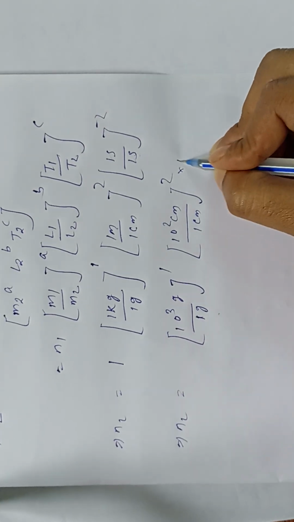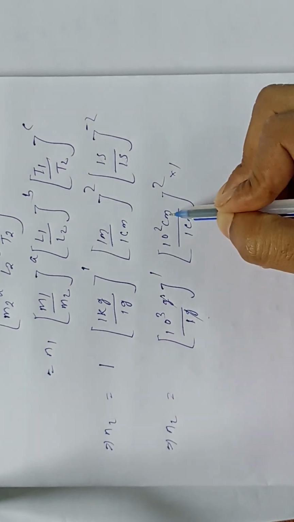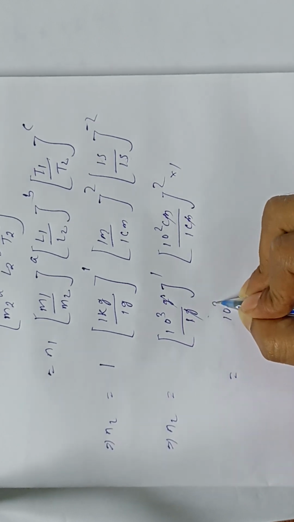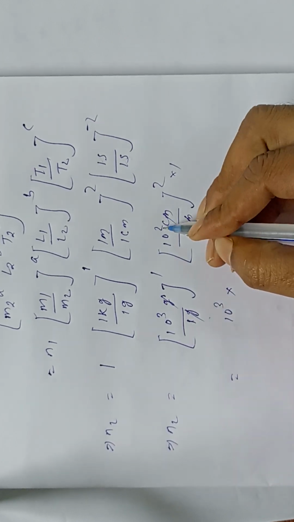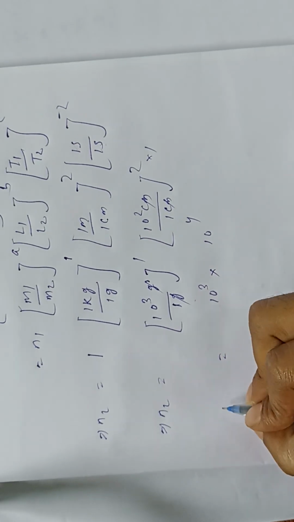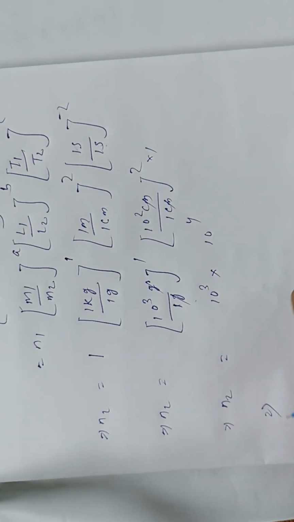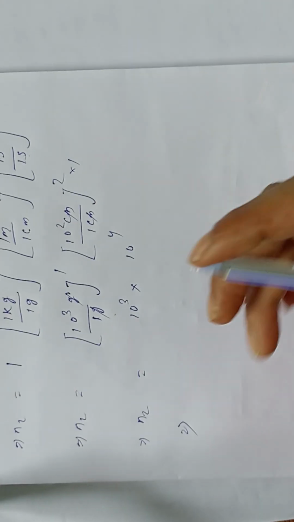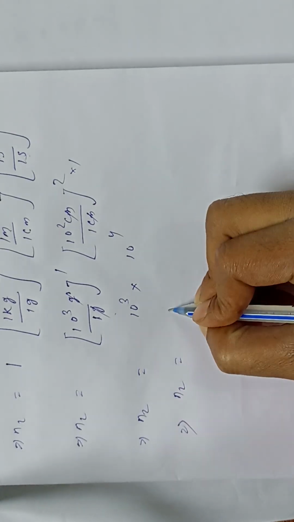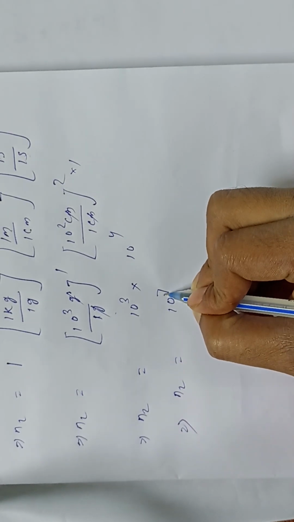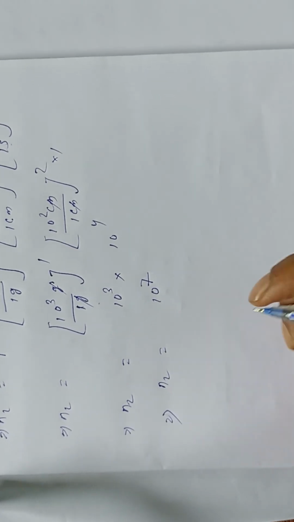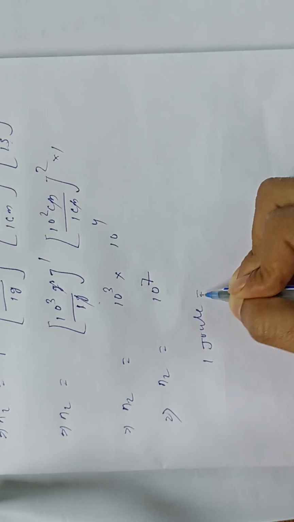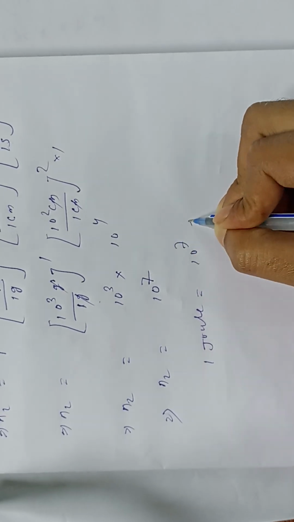So gram cancels, second cancels, centimeter cancels. So 10^3 times 10^4 gives N2 equal to 10^7. So 1 joule equals 10^7 erg.